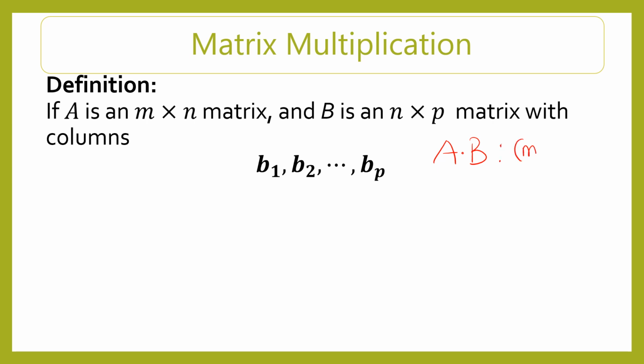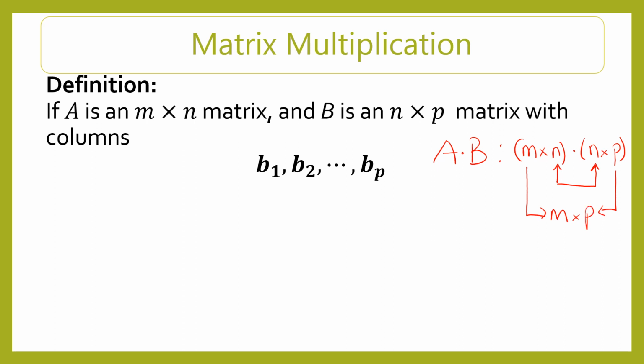If I have an m by n matrix and I'm multiplying it with an n by p matrix, notice here that the columns of A, which is n, is exactly the rows of B, which is also n. That is when it makes sense to have A times B. And the resulting matrix will be of size m by p.